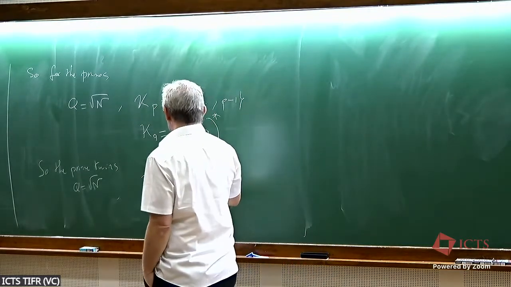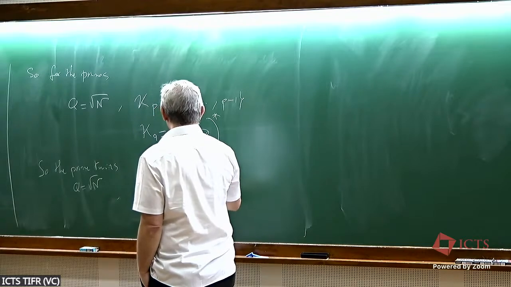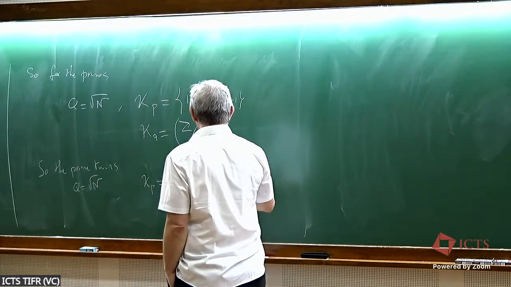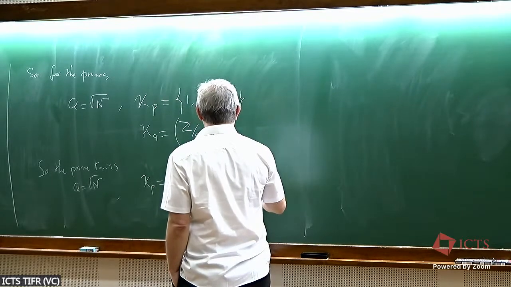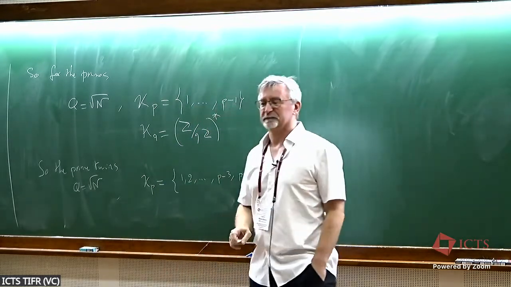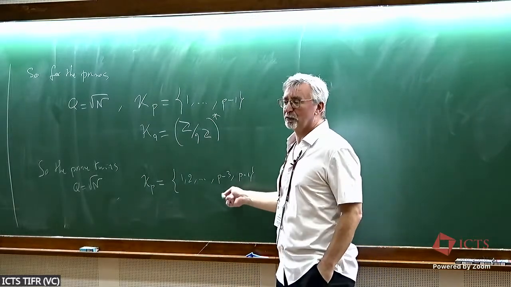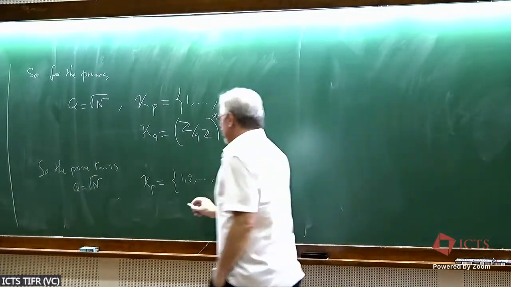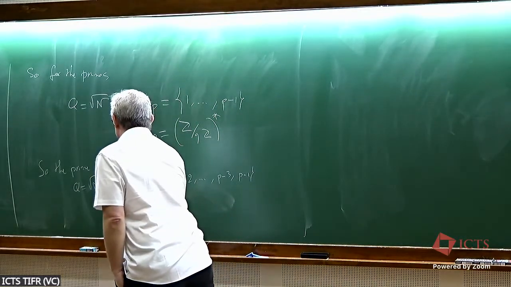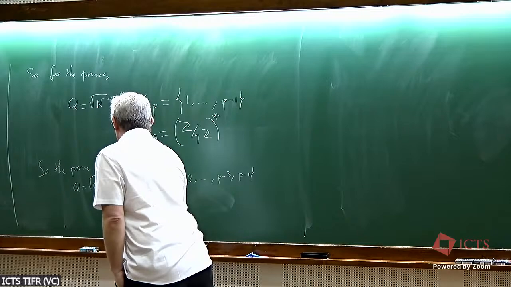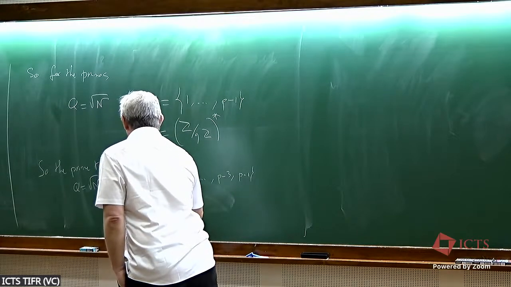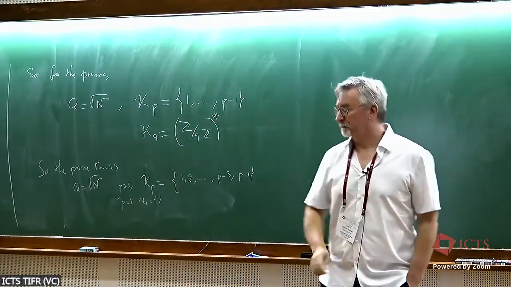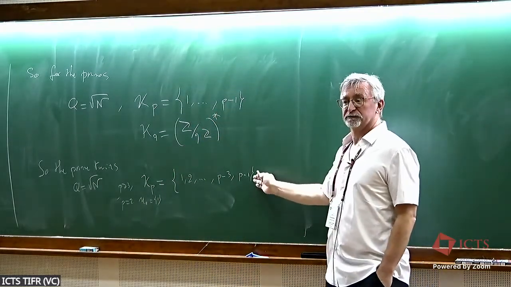So it's 1, 2, up to p minus 3, p minus 1. And of course, that's for p larger than 3. For p equal to 2, K_2 is 1. There's no condition. You just remove 2 classes.